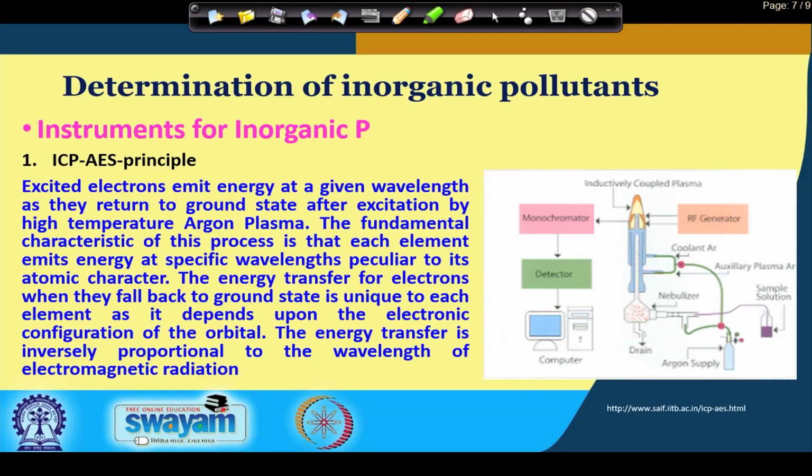For determination of inorganic phosphorus, we have discussed the Mehlich extractant, and we started with discussion of the ICP-AES or inductively coupled plasma atomic emission spectrometry, and now we are going to discuss the principle and other important aspects of ICP-AES.